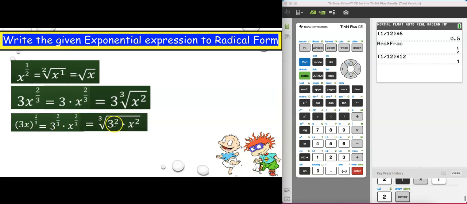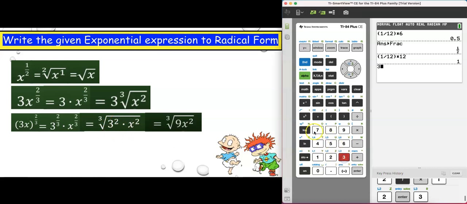Both of these go underneath this radical. It would be the cube root, or 3rd root, of 3 squared, because that exponent is 2, and the x also has to be squared, because that exponent is 2. I can simplify that a little more: 3 squared is a number, so I can put it in my calculator, and it turns to 9.